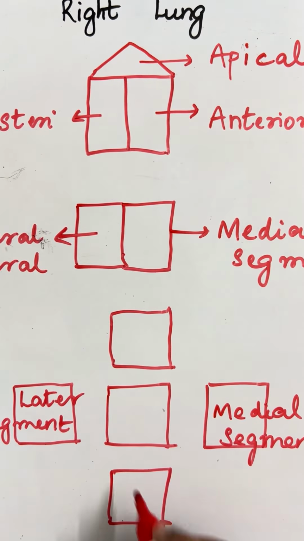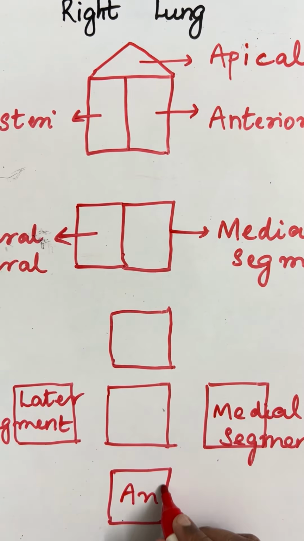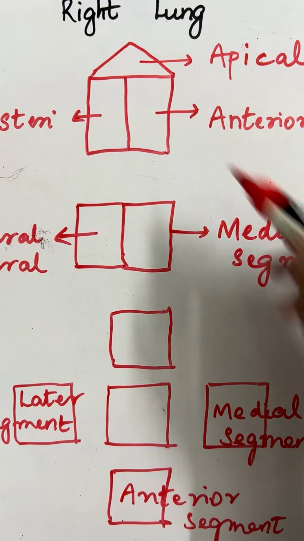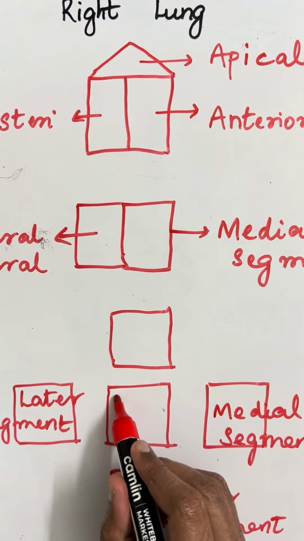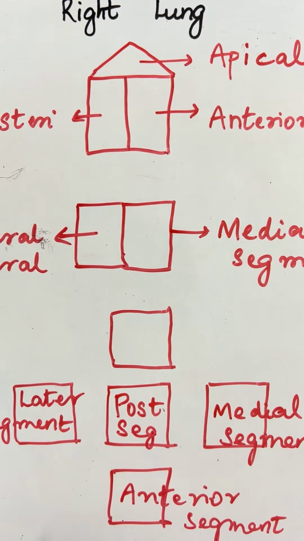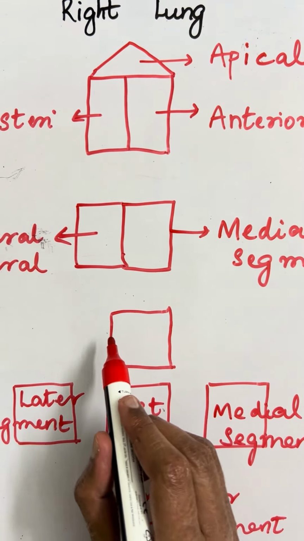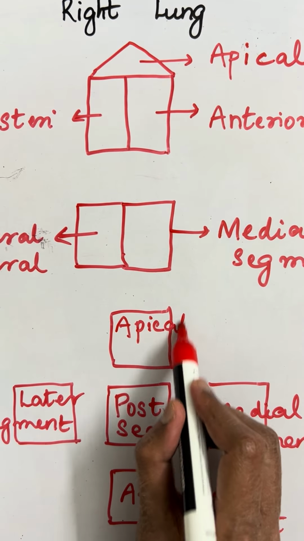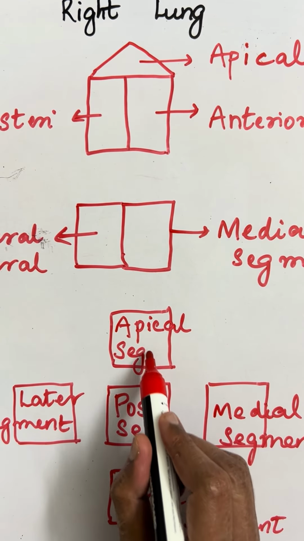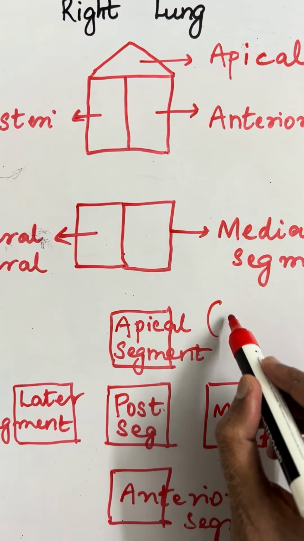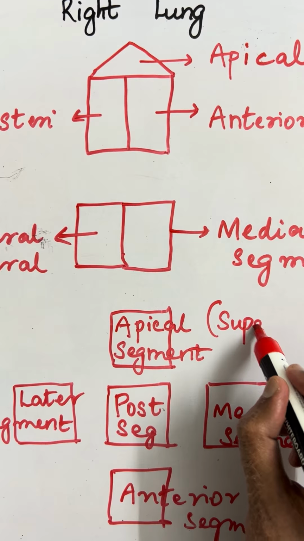This anterior segment came here. This posterior segment came here. And this apical segment came here. This apical segment is sometimes called the superior or dorsal segment.